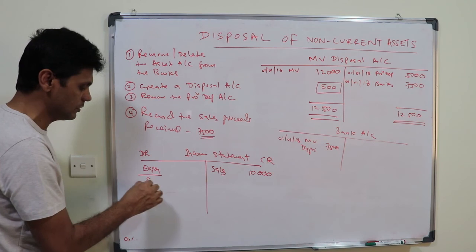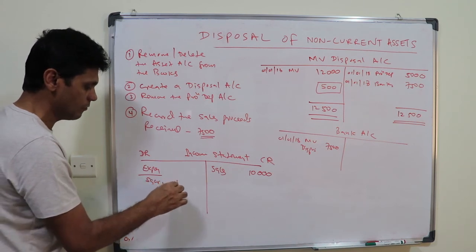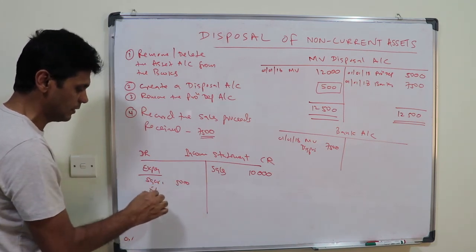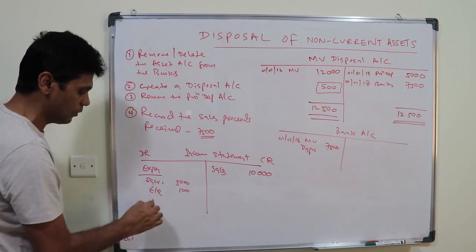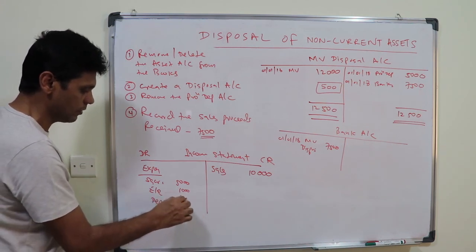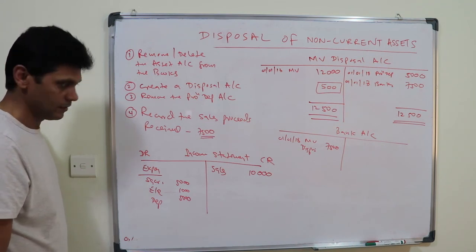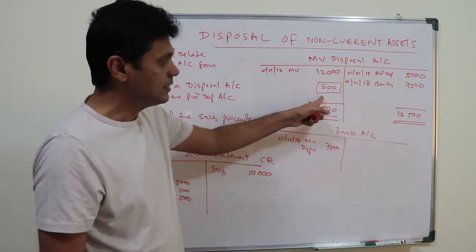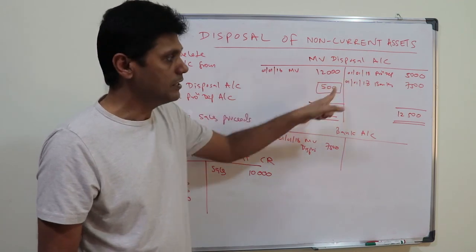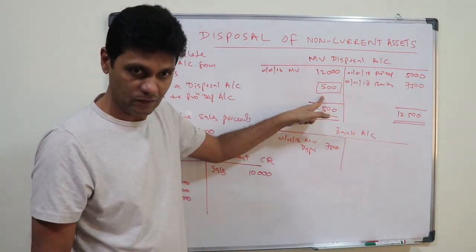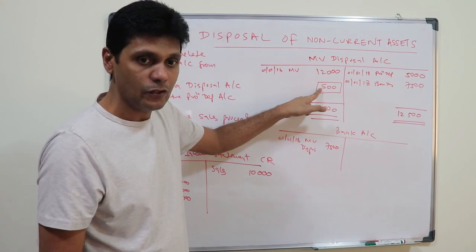So under expenses you have salaries 5,000, electricity 1,000, then you have depreciation 5,000. Then this is the profit on disposal. So this will be your profit.